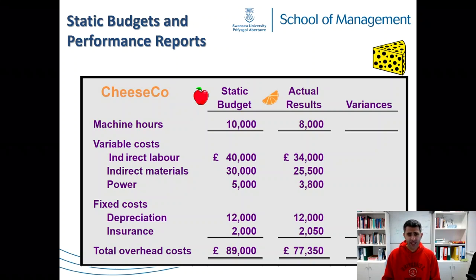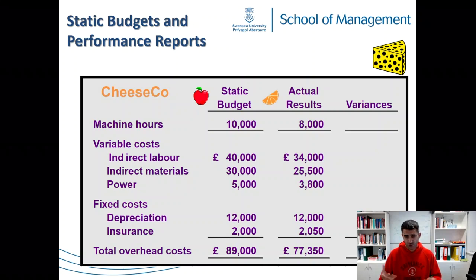We have 10,000 activity levels, machine hours, and we have the indirect labor 40,000, indirect material, power, fixed costs including depreciation, insurance, total overhead costs, etc. So 89,000 total overhead cost.